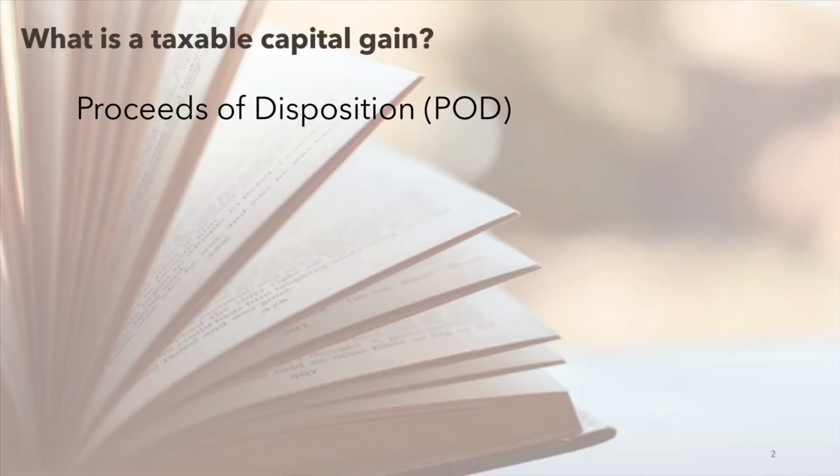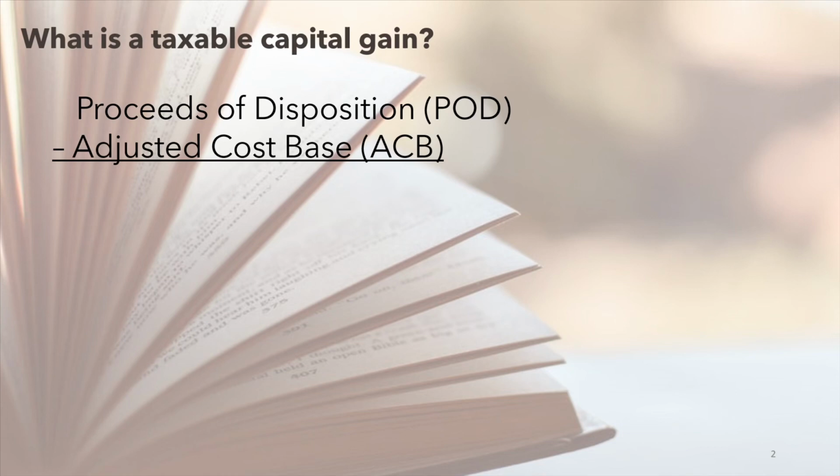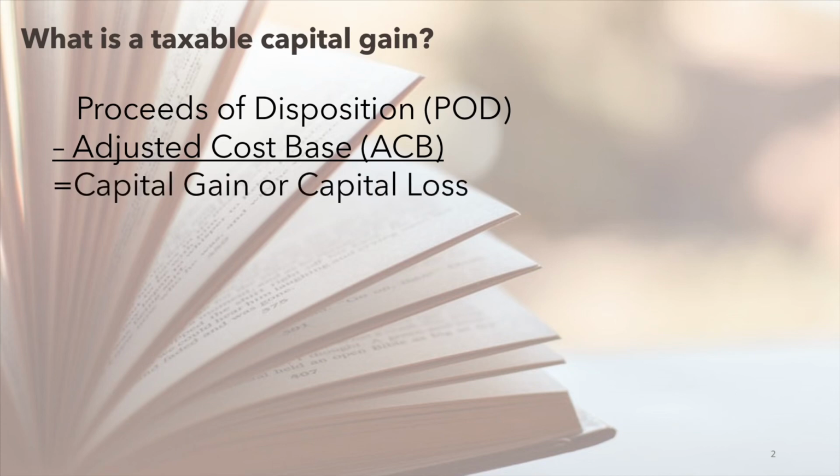So we're not talking about inventory here, but some other asset, maybe like a building or shares. From the proceeds of disposition, we subtract the adjusted cost base, commonly abbreviated as ACB. You can think of this as the cost of what's being sold, so the cost of the shares as an example. The result is a capital gain or capital loss.